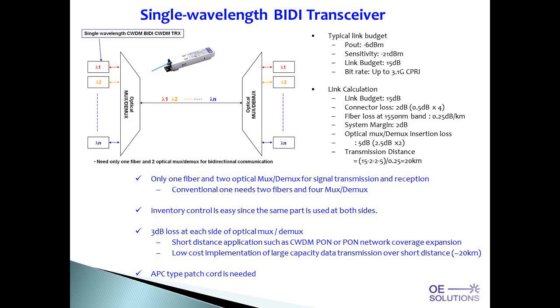Here in this slide, I'm showing the mux and demux that connect lambda 1 through lambda n. By using this single wavelength solution, you can utilize all n wavelengths instead of n divided by 2.